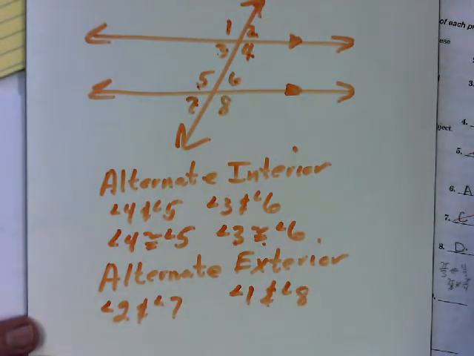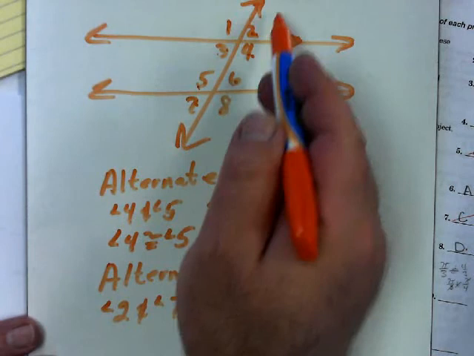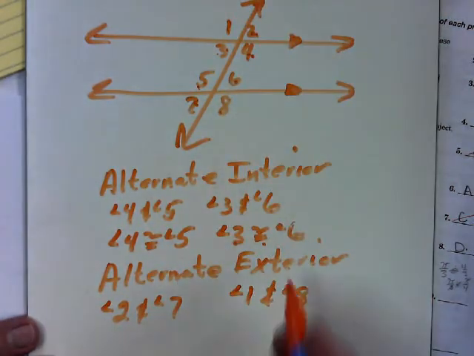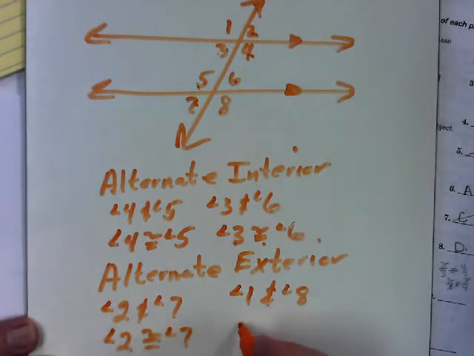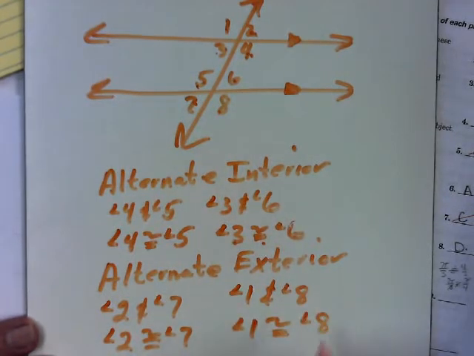Right? Alternate exterior. Well, guess what? In two parallel lines cut by a transversal, alternate exterior angles are, again, congruent. So angle 2 is congruent to angle 7. Angle 1 is congruent to angle 8.